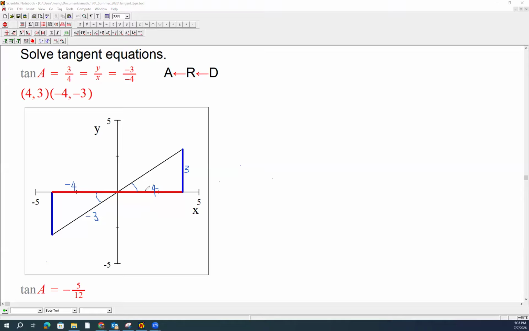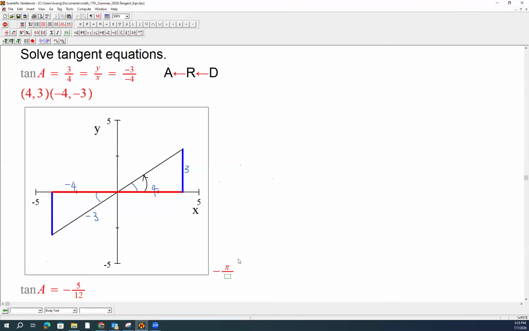If we measure this way, this angle is right in the range of arctangent, right? Do you remember the range of arctangent? It's a very important piece of information. The range of arctangent is between -π/2 and π/2, exclusive.